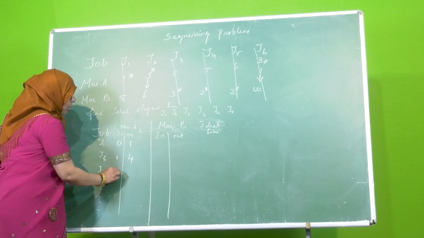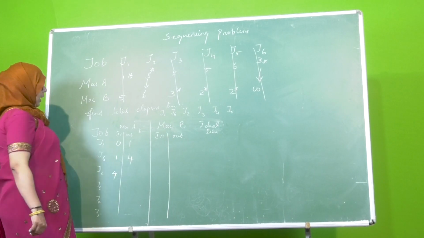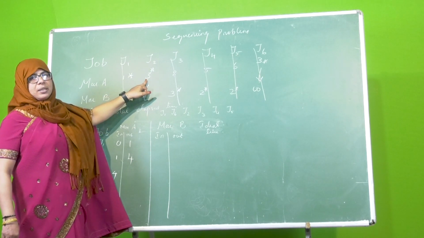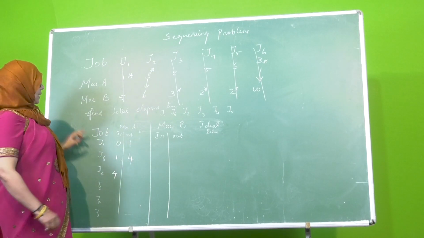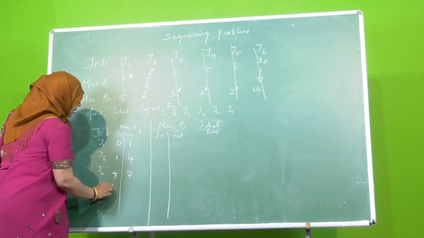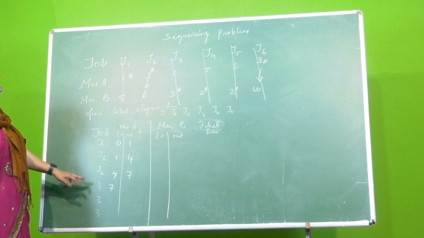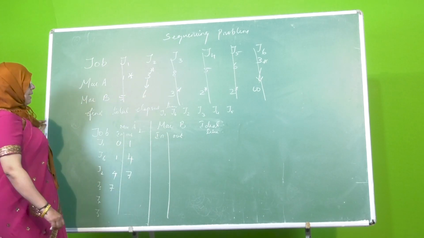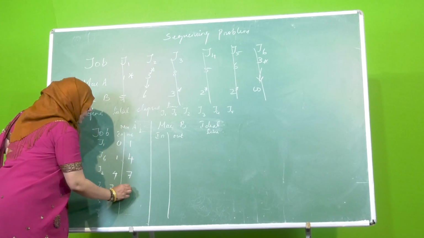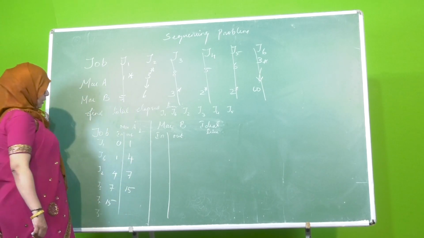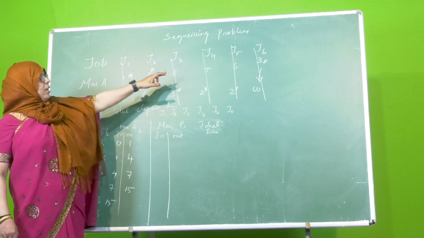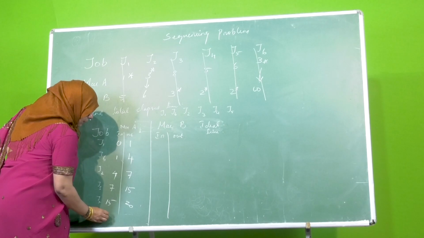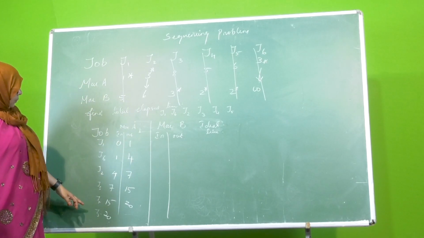J2, machine A, is 3, so 4 plus 3, 7. J3, machine A, is 8, so 7 plus 8, 15. J4, machine A, is 5, so 15 plus 5, 20. Then J5.